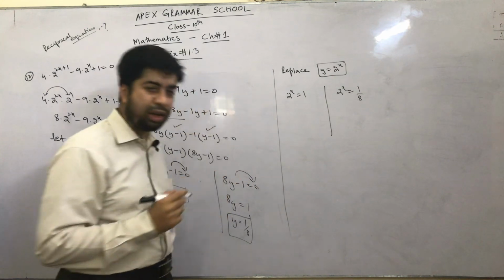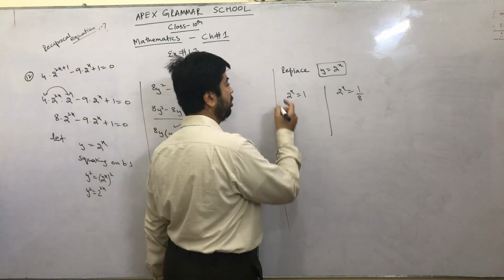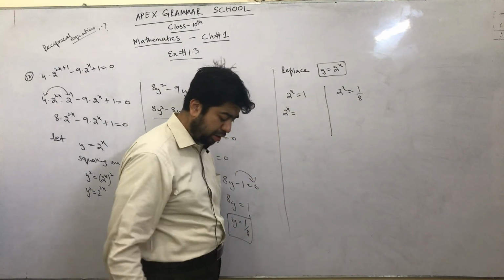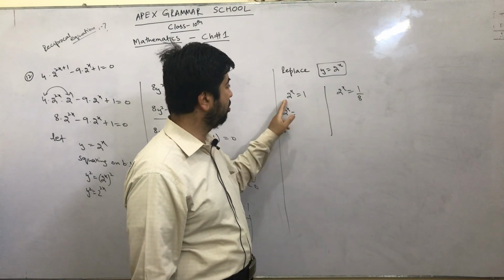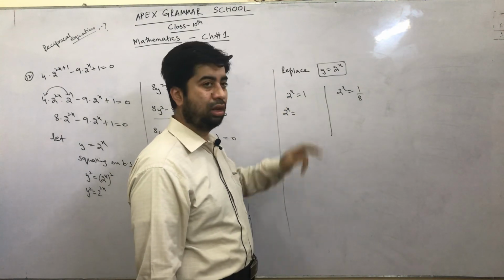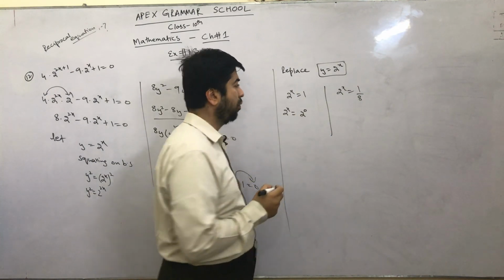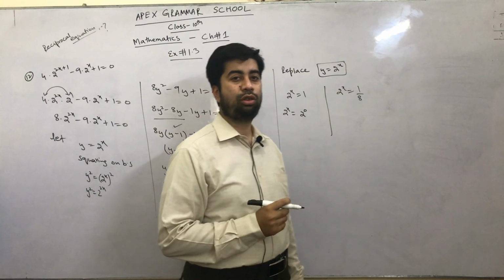Now how can we find the value of x here? You can see that 2 raised power x, and I want both bases to be same here. So you know that instead of 1 I can write 2 raised power 0, because anything power 0 is equal to 1.